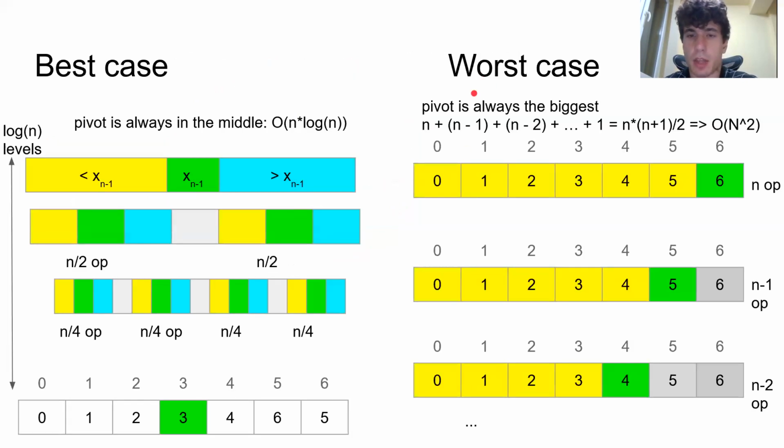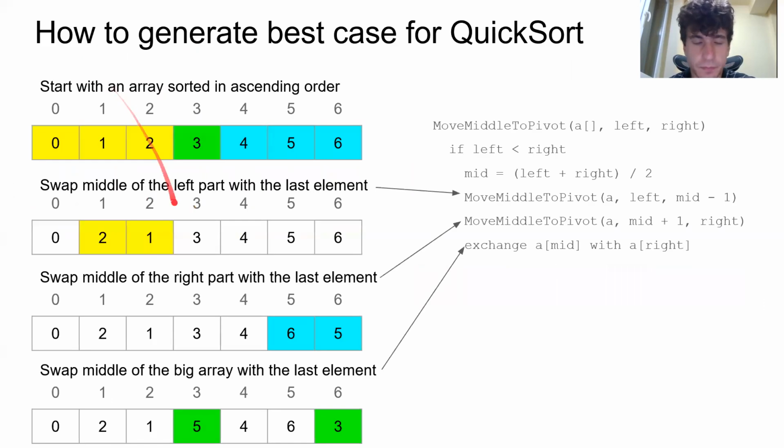Okay. Now, for the worst case, it's really easy to generate an array. It's just the same number at each index. But for the best case, it's a little bit trickier. Here we have a pseudocode. If we always want the center to be the pivot, we should just start with a sorted array and swap the middle with the last one.